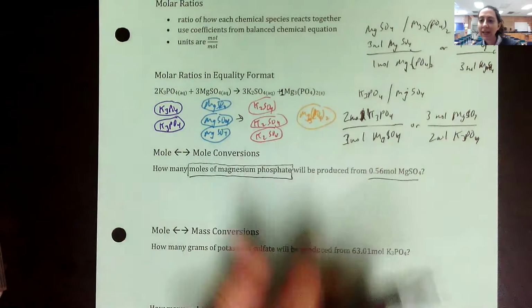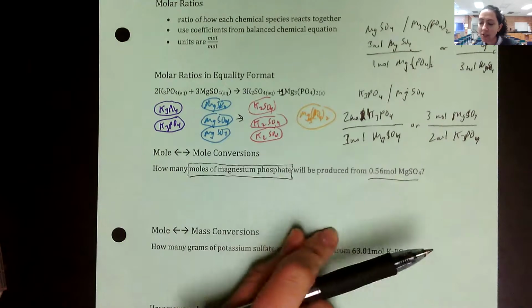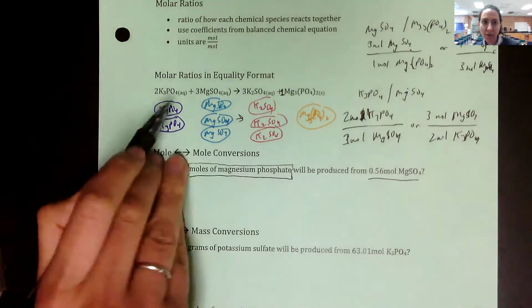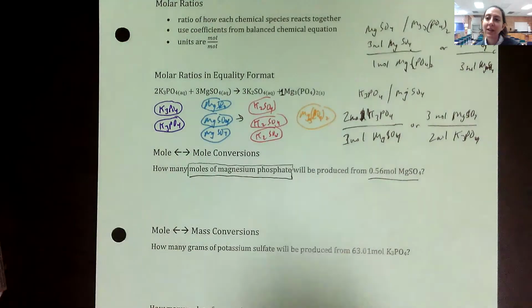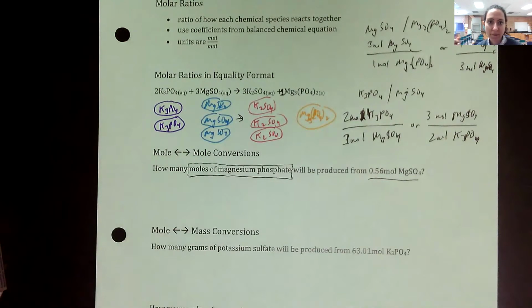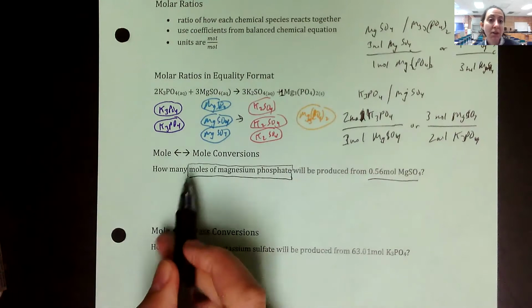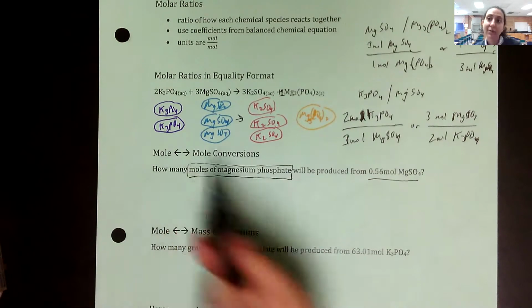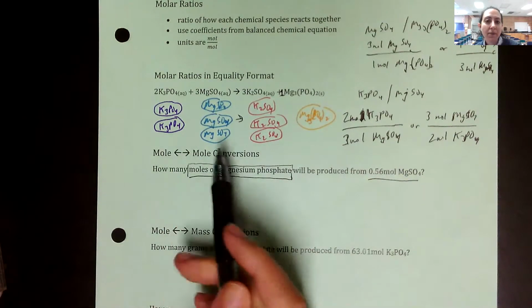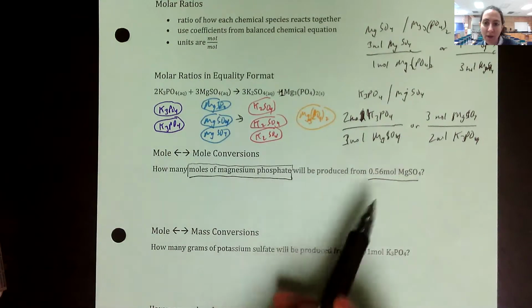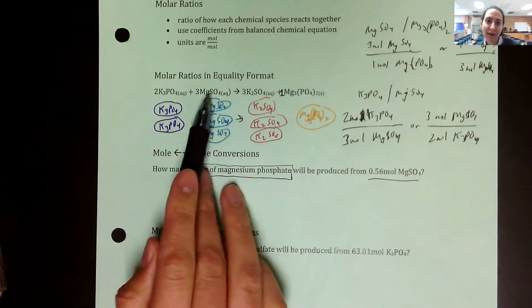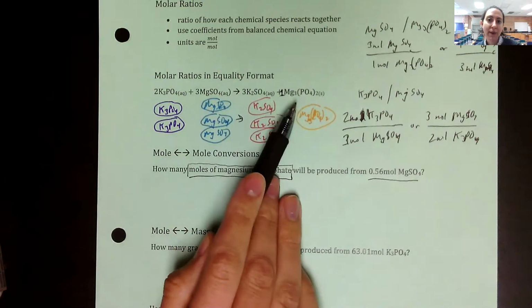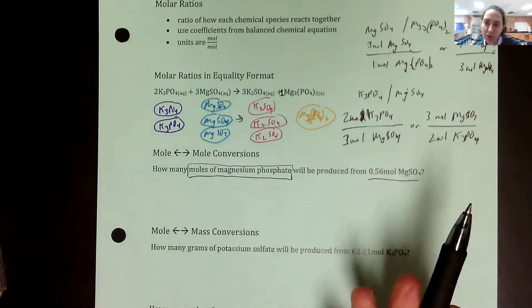So we're going to need a couple of things. We're going to need to know the full balanced chemical equation, which is right here. So we have that, that's great. And we're going to need an equality to help us get from one to the other. In this case, it seems like we're going to be using molar ratios, shockingly, because molar ratios allow us to go from moles of one chemical substance, magnesium sulfate, to moles of magnesium phosphate within the same equation.